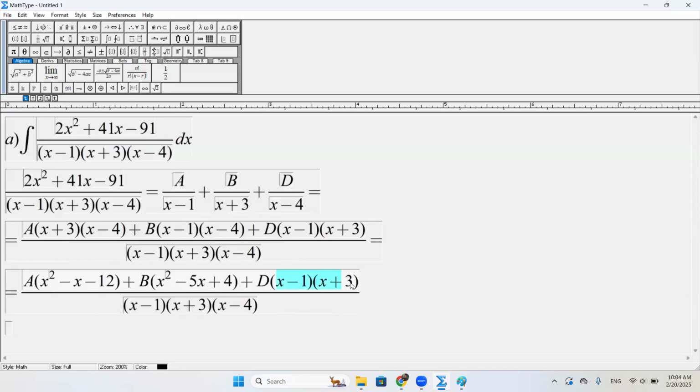And for D: x square, minus 1 plus 3, so plus 2x and minus 3. So we have it like this. And now let's expand brackets completely.